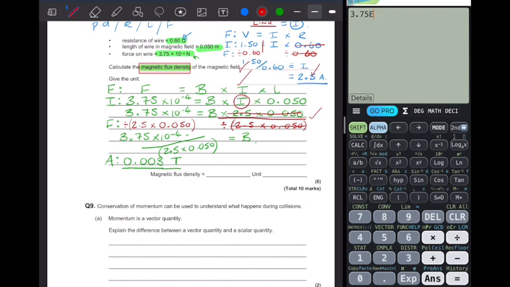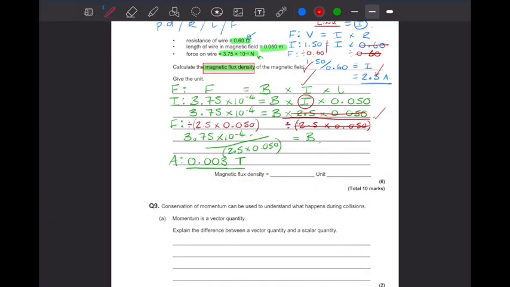Times 10 to the minus 4 gives me that. I have to press equals, and then use the answer. And I divided that by 2.5 times by 0.050, close the brackets, and I ended up with 0.003, and I've got that twice now, so I'm pretty confident in that answer.